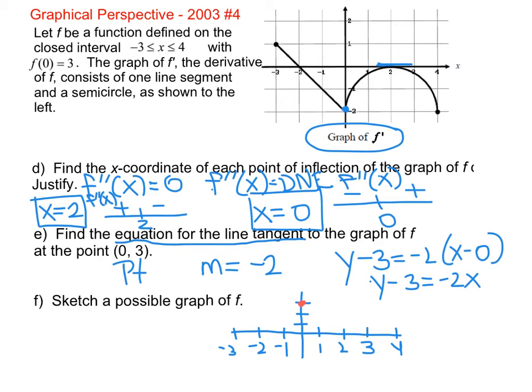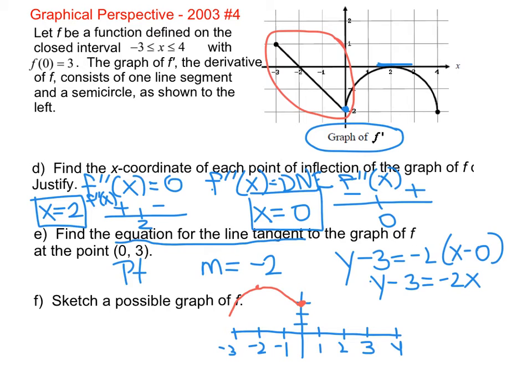Okay? Now we did learn earlier that we have a maximum at negative 2. And when we look from negative 3 to 0, notice the slope of f prime is negative. So that means it's concave down. So it's going to be concave down on that interval.